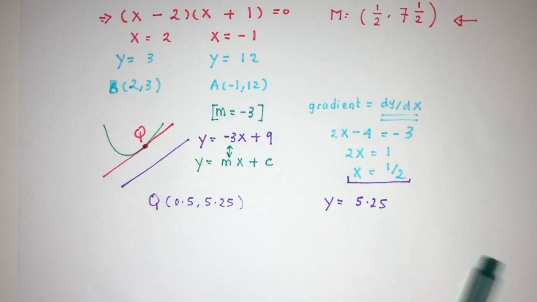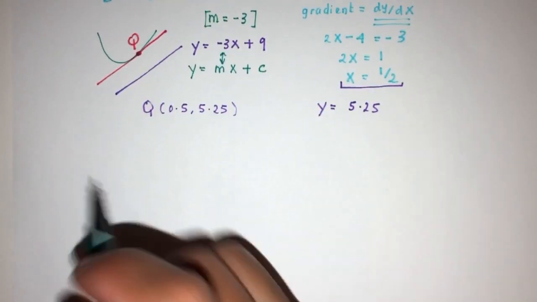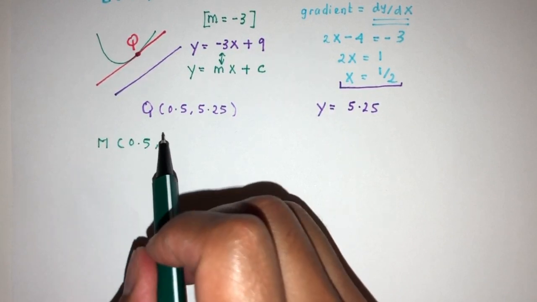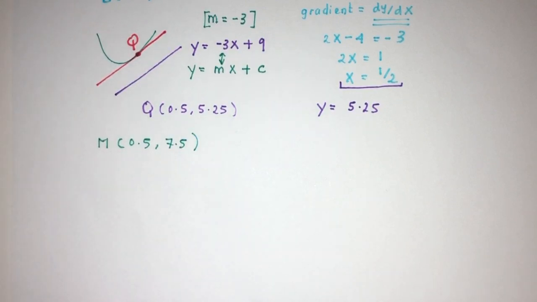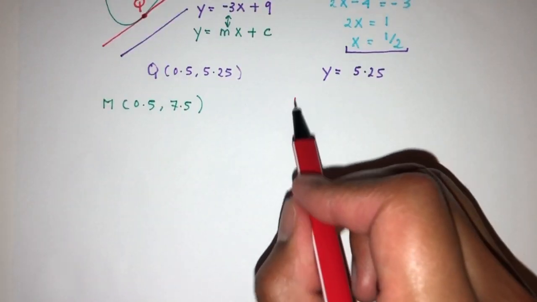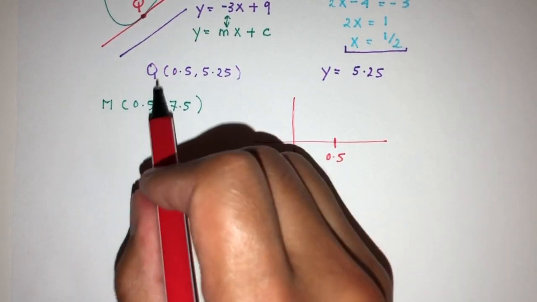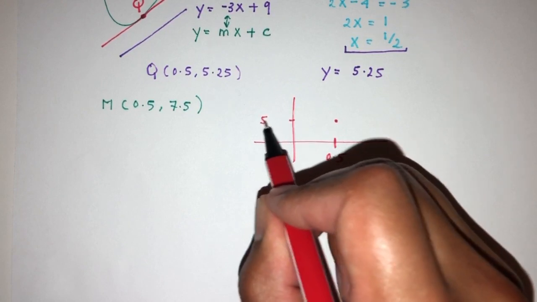Now for part 3, we have to find the distance MQ. So pretty easy. Since we know M is 0.5 and we have the value of 7.5. Now you can just do this by observation. For example, I have this. 0.5 is here. The first point is 0.5, 5.25, which will be somewhere over here.